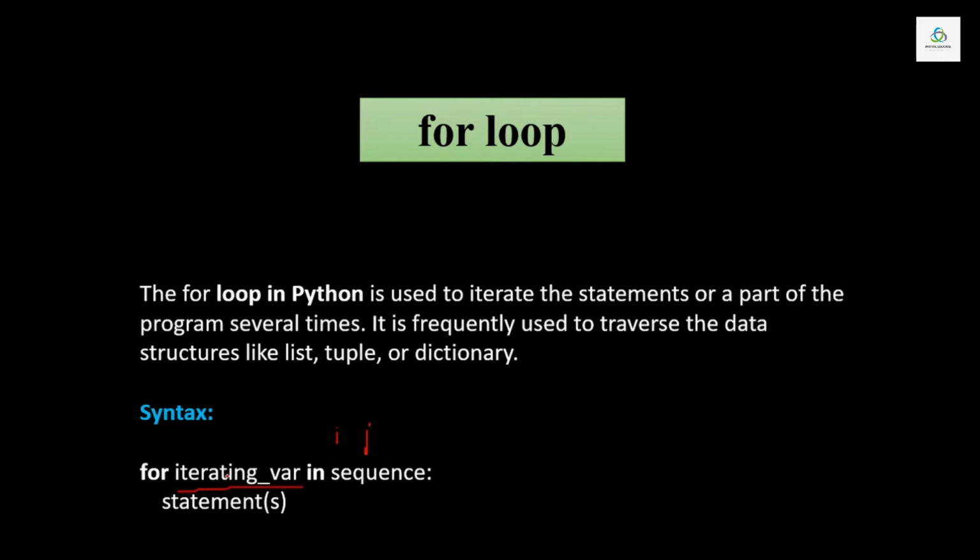This iterating variable is just a variable which will keep the record of how many times our loop should execute in the sequence. Now over here the sequence will give us a condition or a range, a particular range till how many times you want to iterate this loop. And in statements you have to write that block of code which you want to execute multiple times.